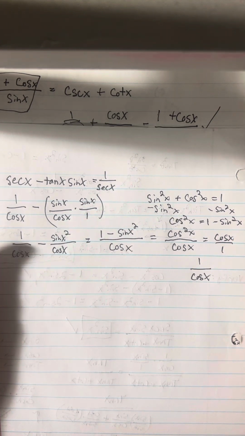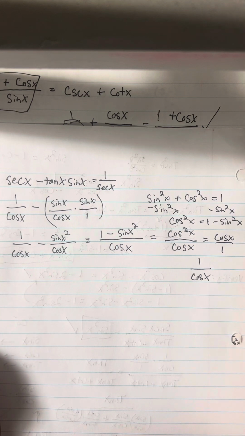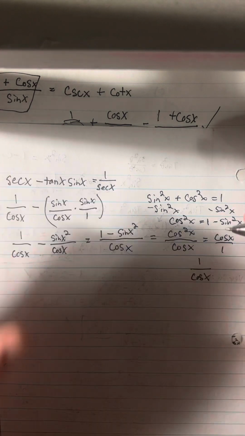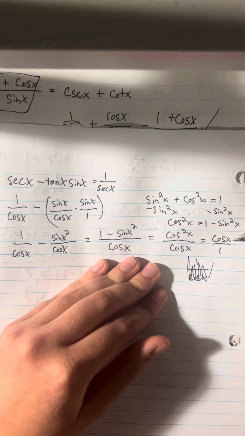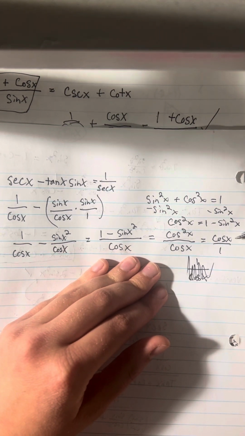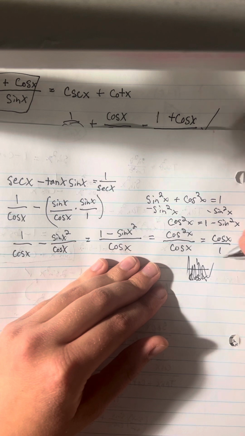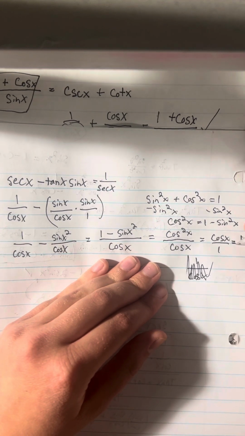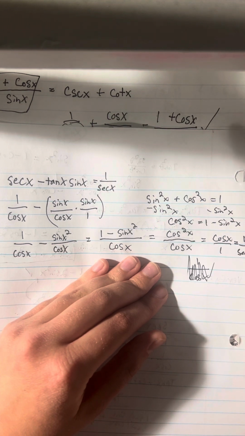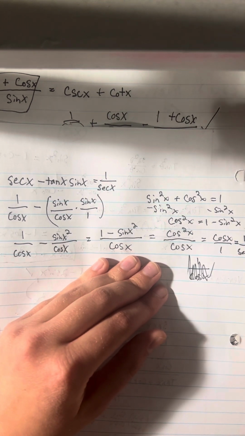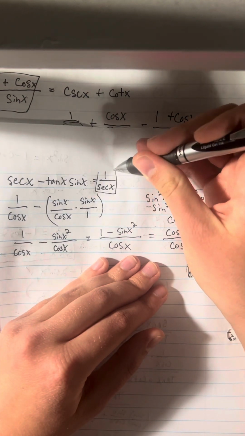Well, we don't have to flip, sorry. Yes, the reciprocal of cosine over 1 is 1 over cosine, but cosine over 1 equals 1 over secant x, which is what we wanted in the first place, because that's what our answer is here.